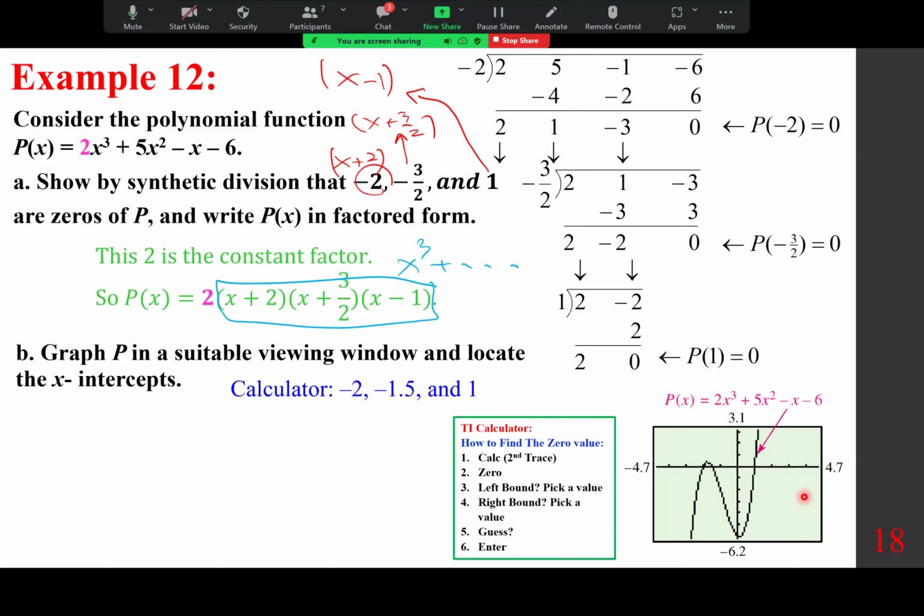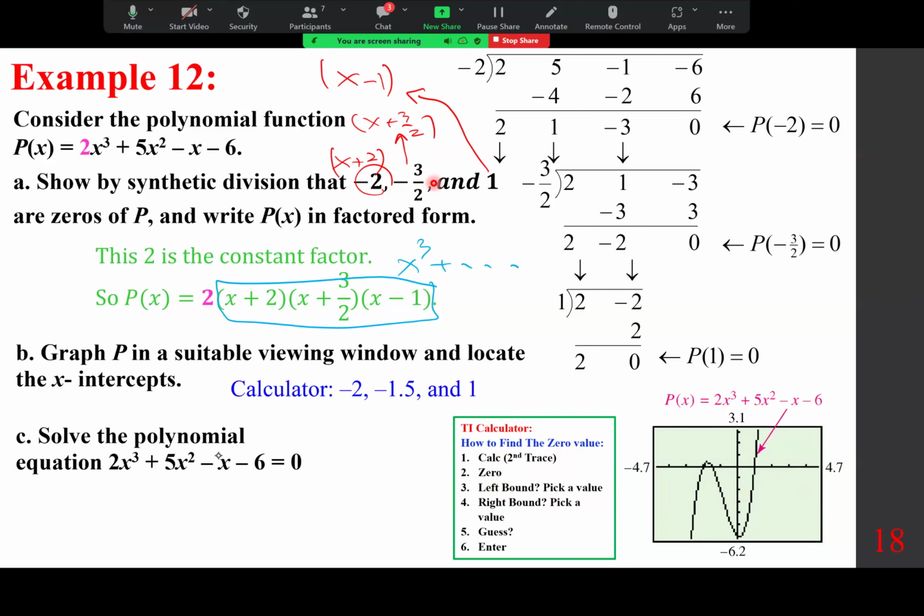So you put y1 and the function. And to find the zeros, you go to calculator, second trace, 0, left bound, pick a value, right bound, pick a value, guess, enter, and it gives you the same answer. So these are the same as what we did with the synthetic division.